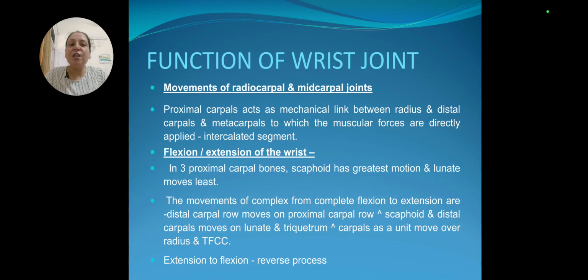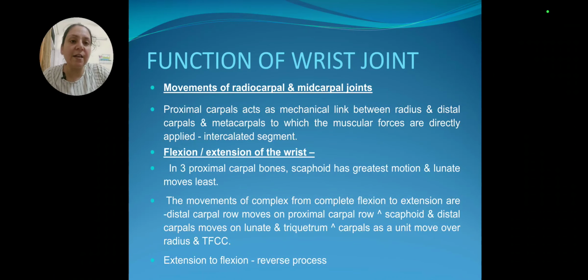In flexion and extension of the wrist, of the three proximal carpal bones, the scaphoid has the greatest motion and the lunate moves least. The distal carpal row moves on the proximal row, that is on the scaphoid, and on the lunate and triquetrum, and then the carpus as a unit moves over the radius and the TFCC.